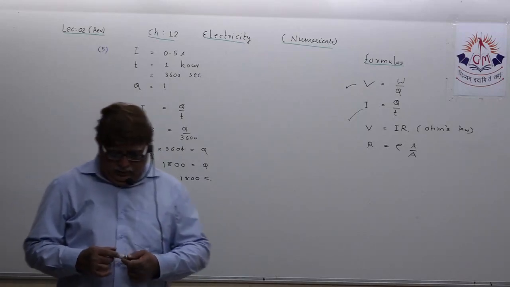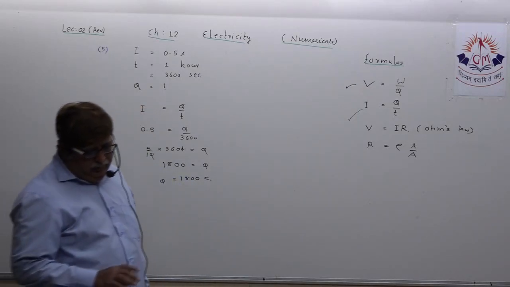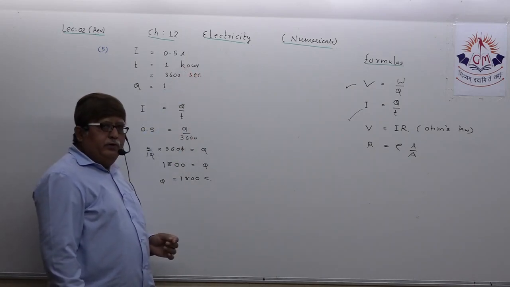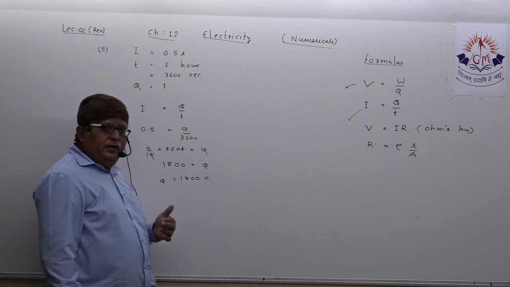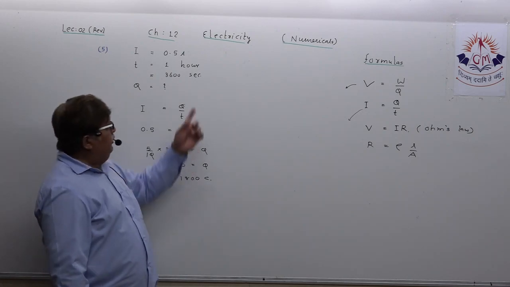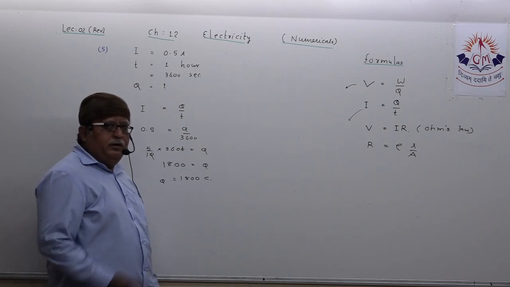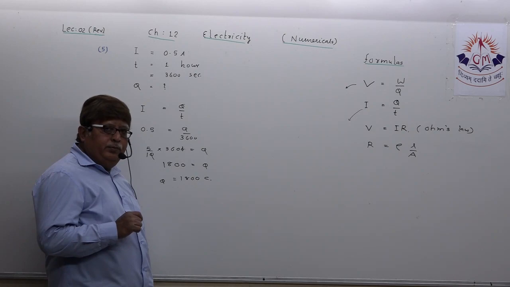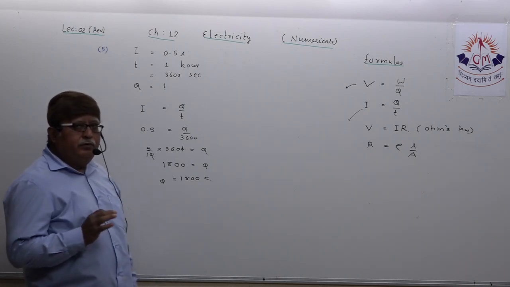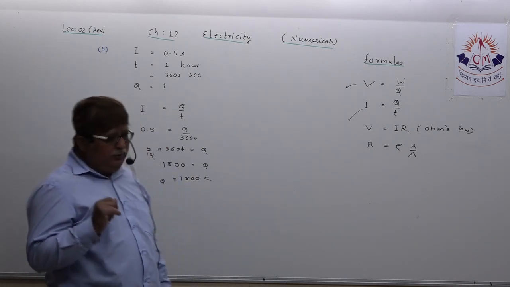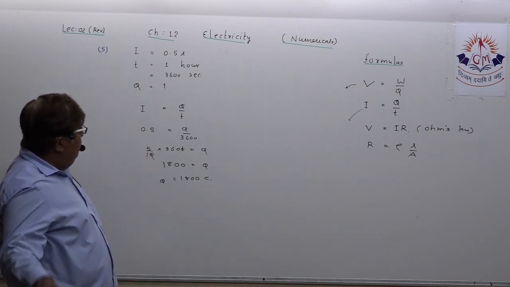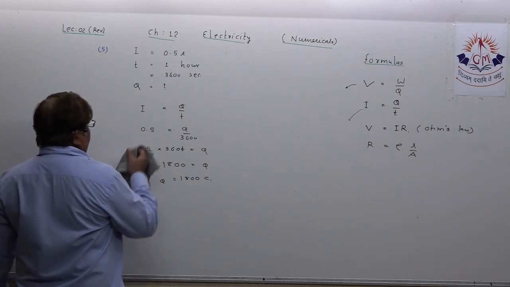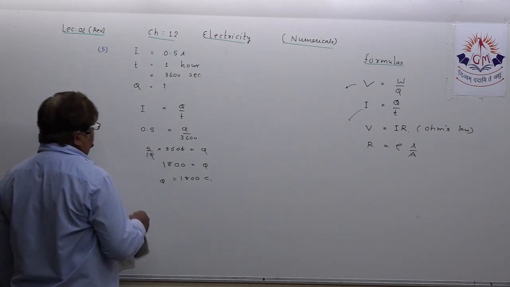Simple numerical. But you need to be very conscious regarding the two facts which I am again and again mentioning: current has to be expressed in ampere, and time has to be in seconds. So, numerical number 5, just note it down.